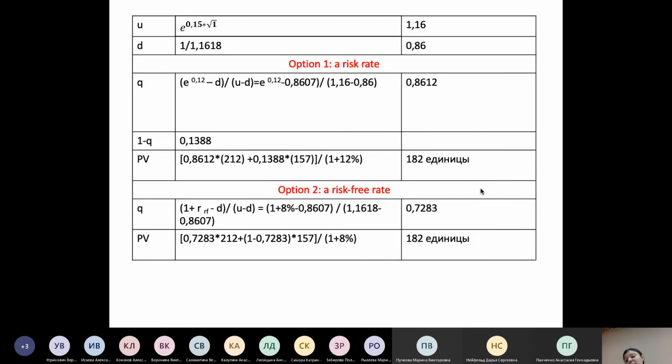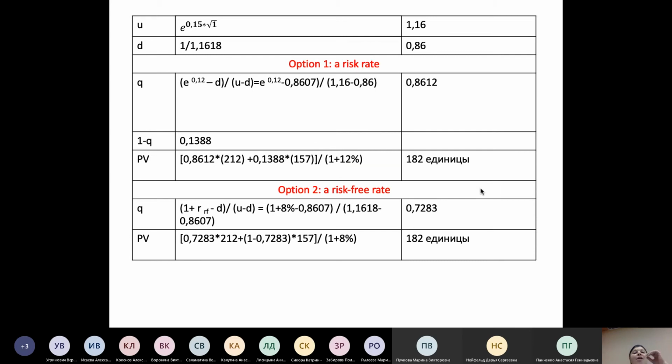Or perhaps, if you prefer the risk-free rate, with the risk-free rate we'll use the same mechanism. First of all, find our probability of increasing and probability of decreasing, and then put this probability in our formula.